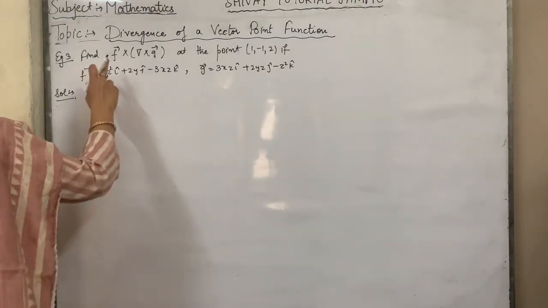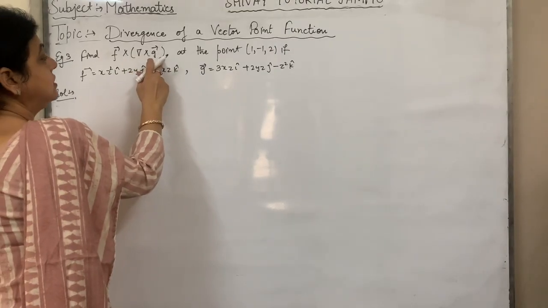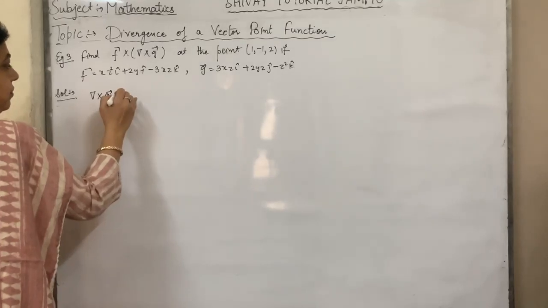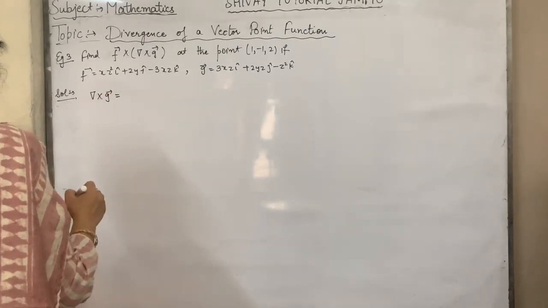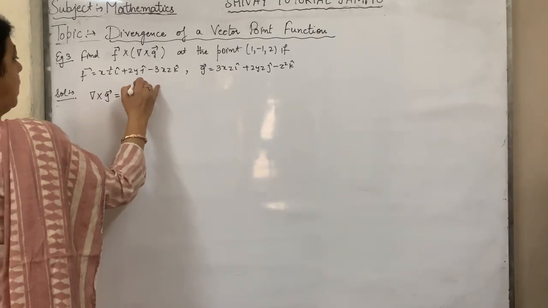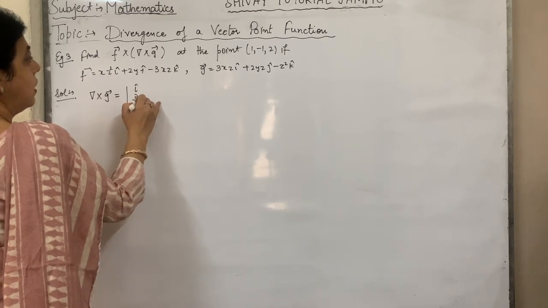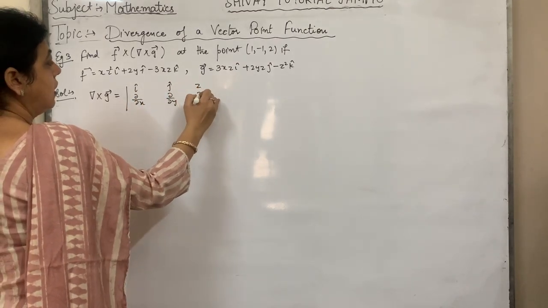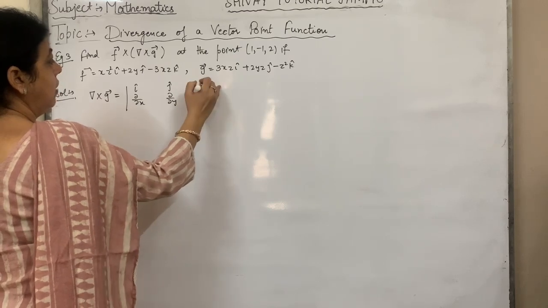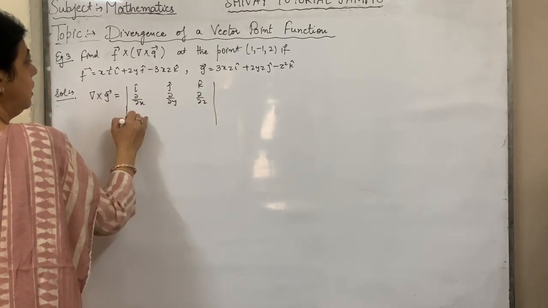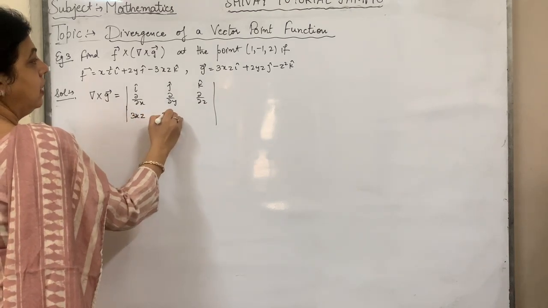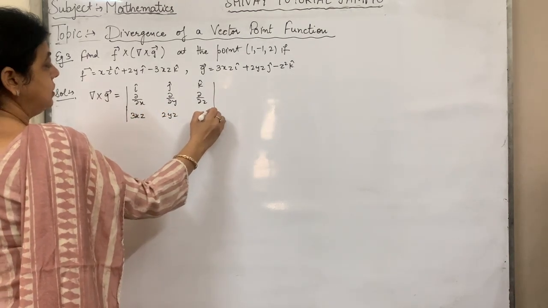We have to find f cross del cross g. Firstly, we will find del cross g. Clear? Okay. What is del cross g? It will be i ∂/∂x, j ∂/∂y, k ∂/∂z. Okay. The i coefficient 3xz, the j coefficient 2yz, and the k coefficient minus z square.